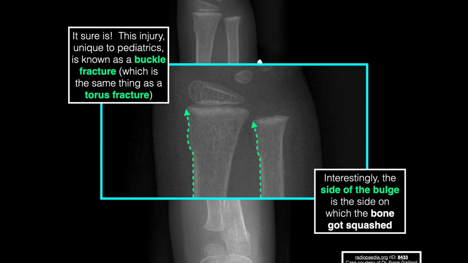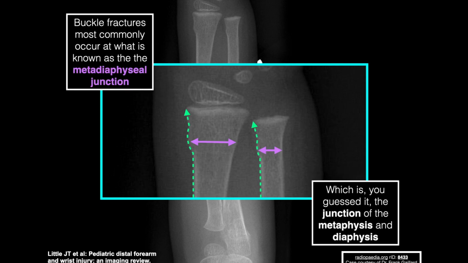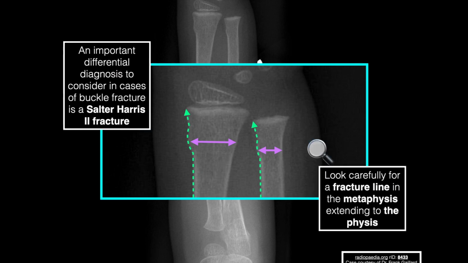Interestingly, the side of the bulge is the side on which the bone got squashed. Buckle fractures most commonly occur at what is known as the metadiaphyseal junction, which is the junction of the metaphysis and diaphysis. An important differential diagnosis to consider in cases of a buckle fracture is a Salter-Harris 2 fracture. To pick up a possible Salter-Harris 2 fracture, you would look carefully for a fracture line in the metaphysis that extends to the physis.